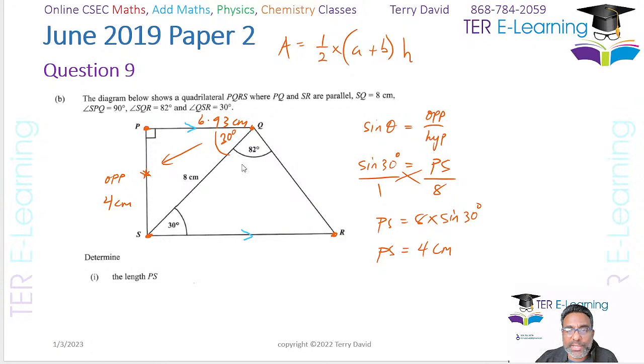Now, SQR is a triangle, but it's not a right angle triangle. So we have to use either the sine or cosine rule in order to do this. In this case, I have a side, I have two angles, and I want to work out another side here. So I'm going to use my sine rule.